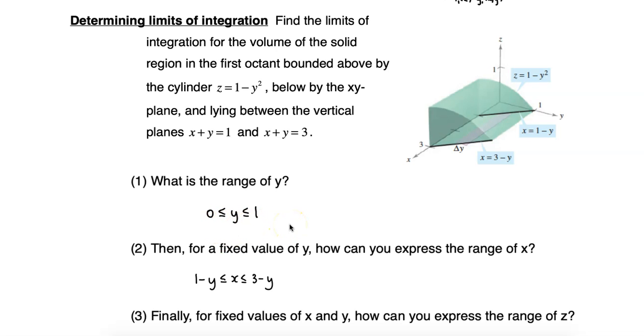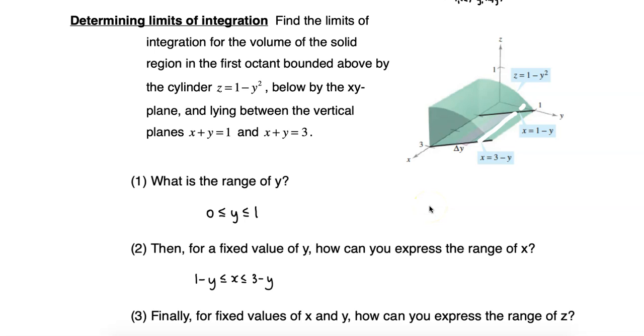Now that we've fixed the interval for y, we can look at x. If I choose a random value for y, then x ranges from here to there. So I need to find the equations of these two lines, and they are given. So x ranges from 1 minus y to 3 minus y.